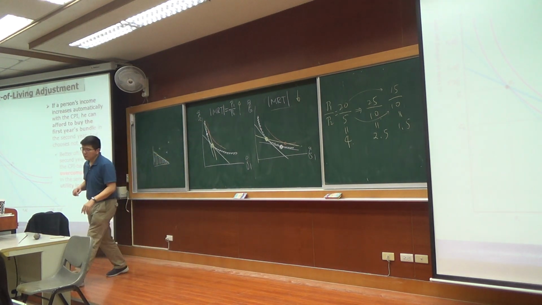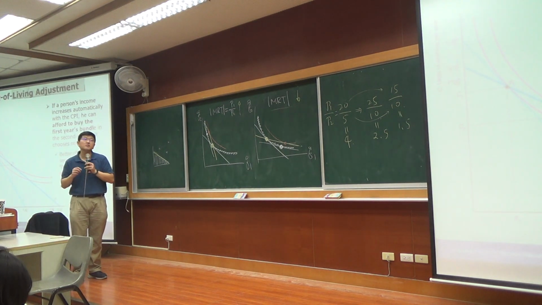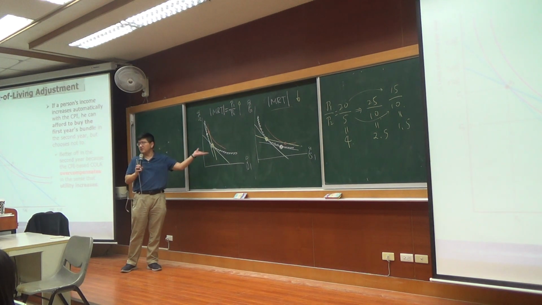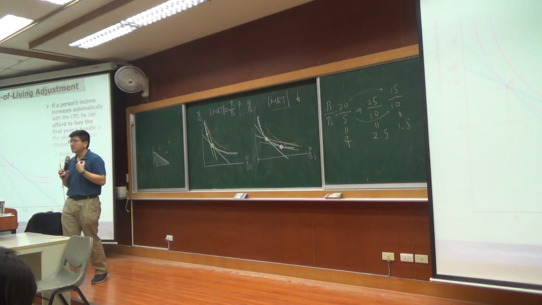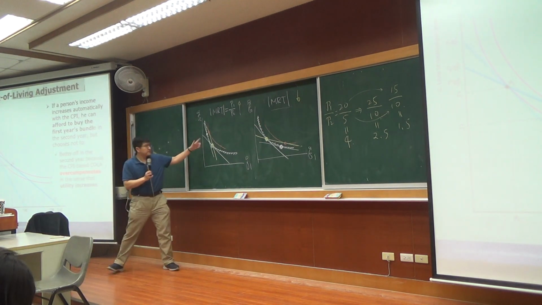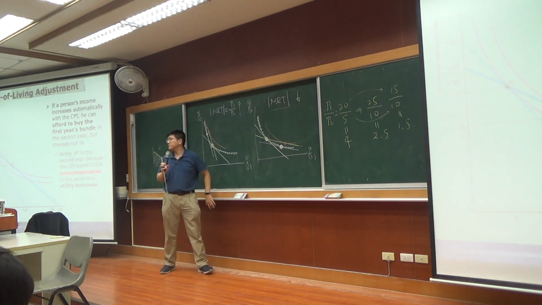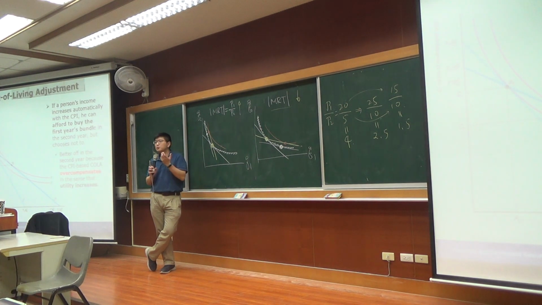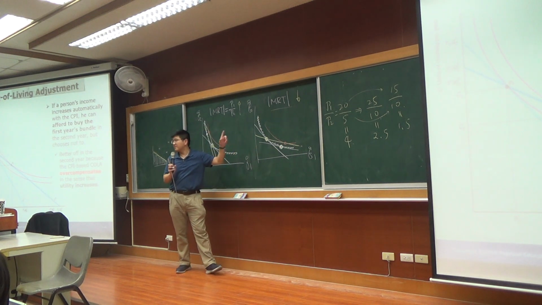This is the only thing we know, but we don't know the exact or precise shape of the indifference curve. So if I'm the government and I want to compensate you in this way, it is actually impossible because I cannot observe any real thing about the indifference curve. Okay?